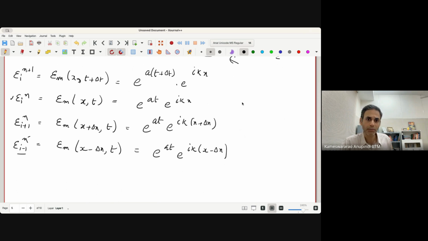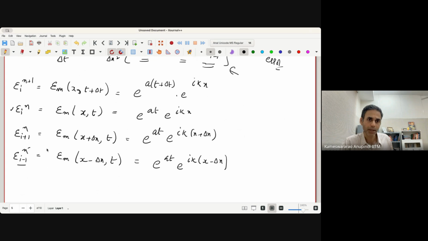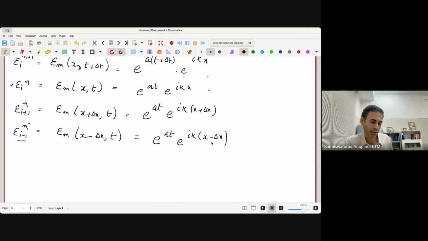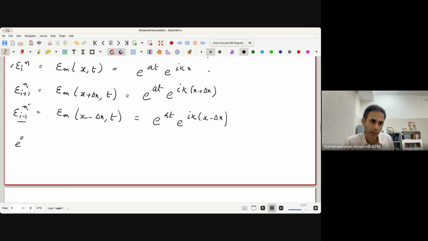So that's going to basically make it epsilon i n plus 1 minus epsilon i n by delta t. That means this minus this by delta t. That is going to be e to the power a times (t plus delta t), e to the power ikx, minus epsilon i n, that is e to the power at, e to the power ikx, divided by delta t equals alpha by delta x square.